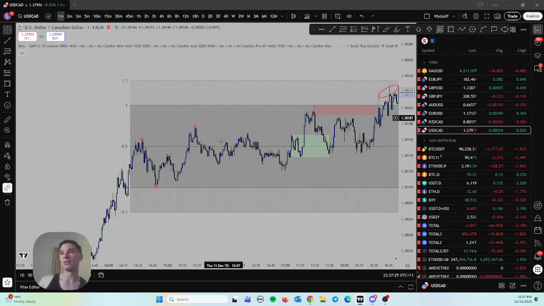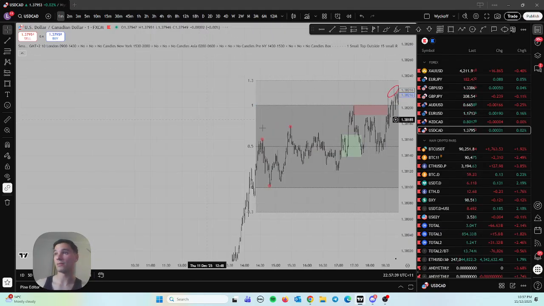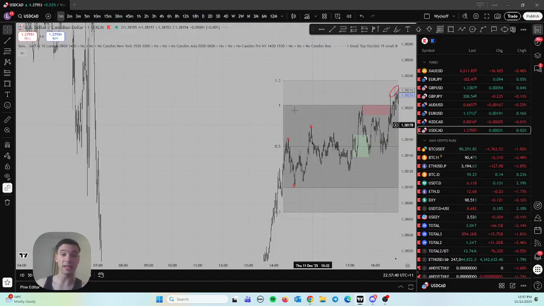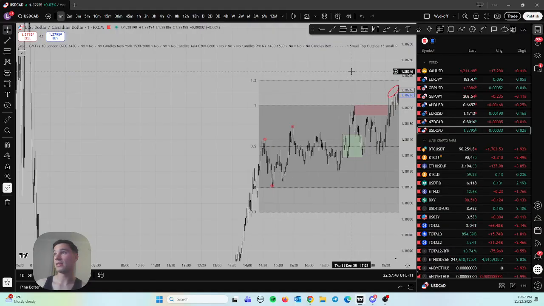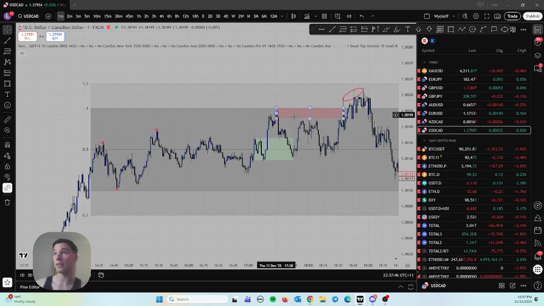I'm trying to find reasons as to why I would have traded this, but looking at it and trying to be as logical and unbiased as possible, knowing that the Asia low needs to be taken, I don't think I would have entered this in live market conditions. If anything, I would have entered there, and then I would have eventually been stopped out.